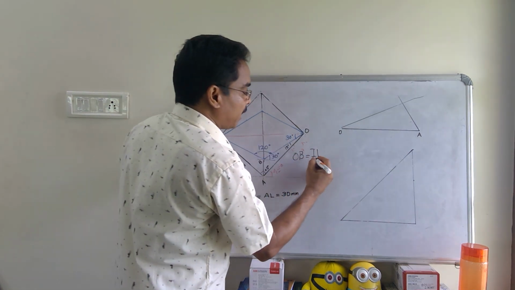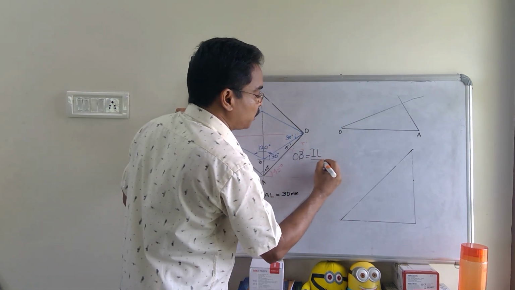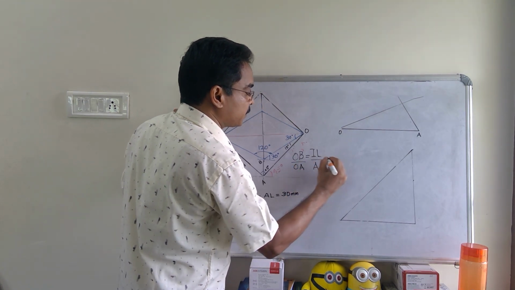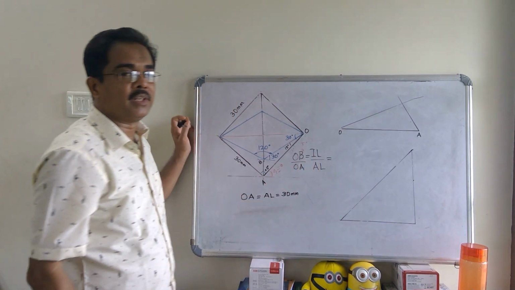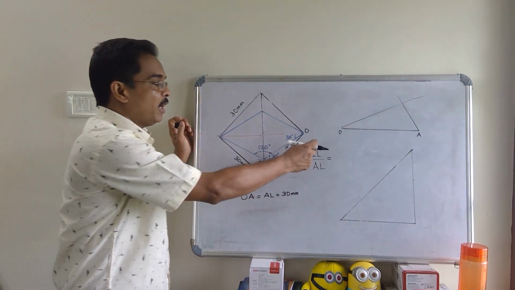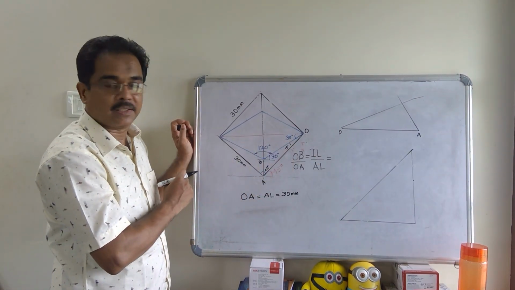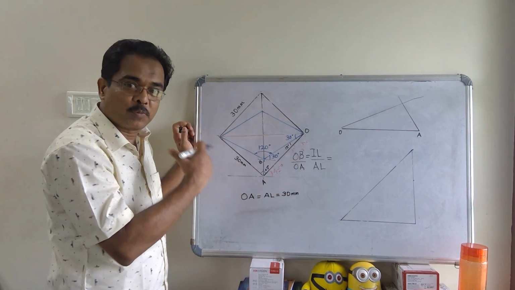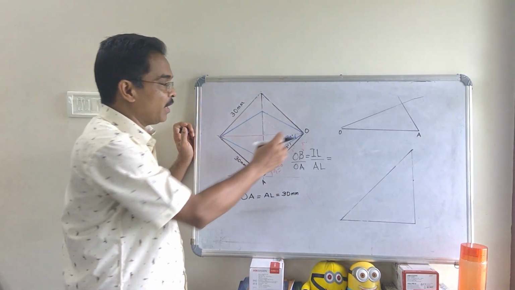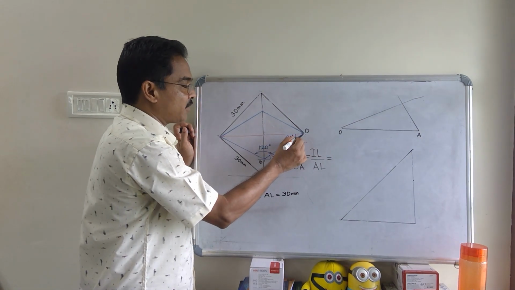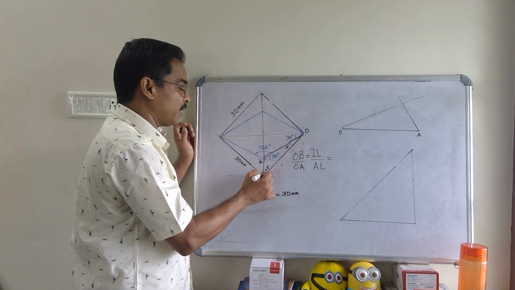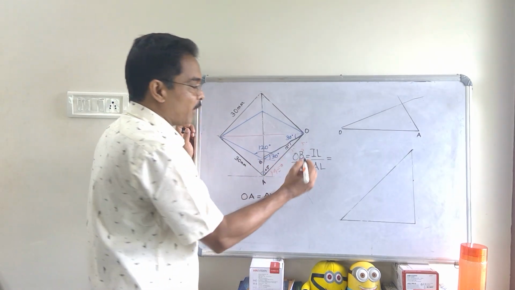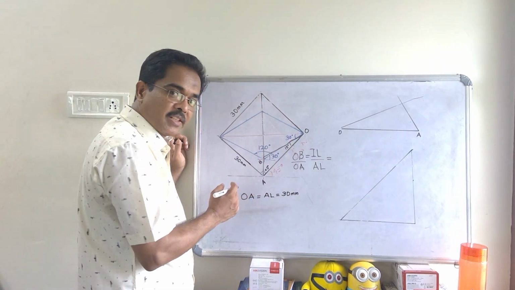So I can say the ratio of isometric length to actual length is OB by OA. How will you find out this ratio? We can find out how much percentage it is reduced. Using this triangle, I can find that very easily by applying Lami's theorem.